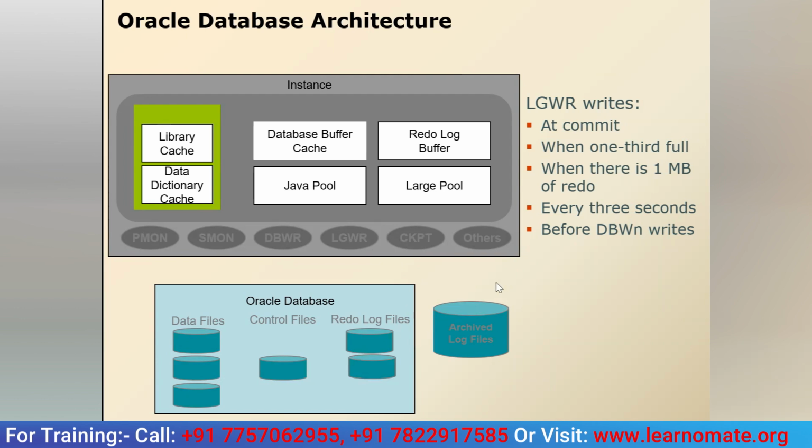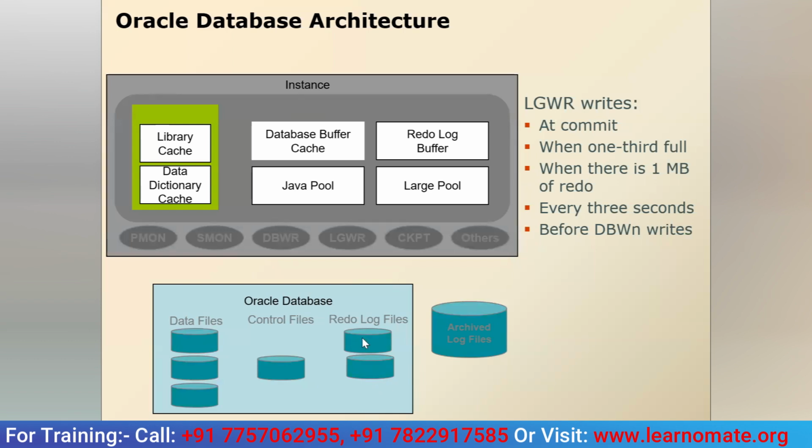Whenever a backup needs to be taken, or whenever your redo log files get full, the backup of those redo log files is taken onto disk, the operating system, and those are called archive log files. For Oracle GoldenGate, they get the transactions from redo log files or the backup of redo log files, which are called archive log files.